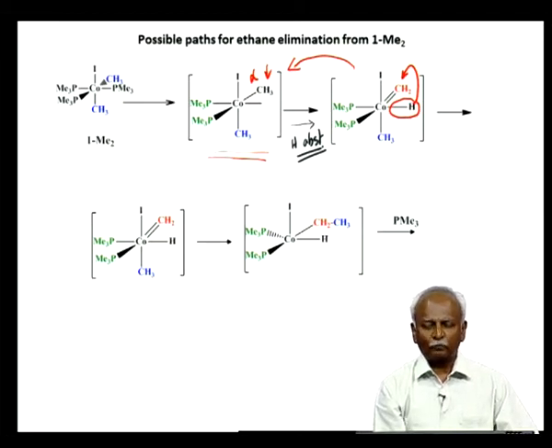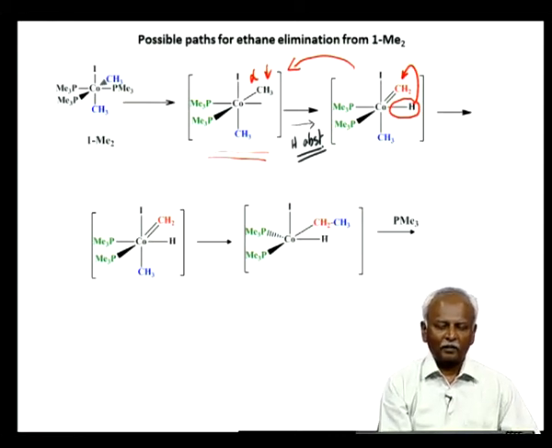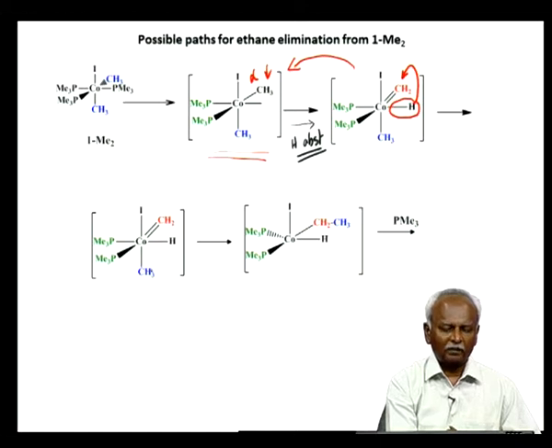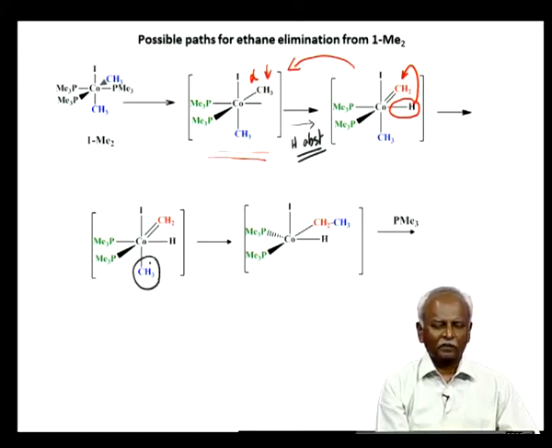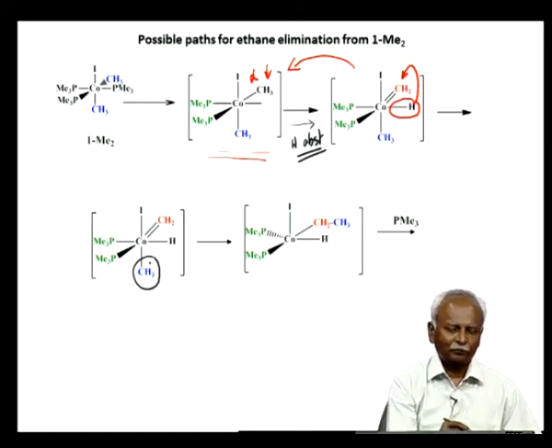So, now having formed this methylene group, you could now have a second step in which the methyl group, which is again cis to the methylene group, can now carry out a nucleophilic attack on the methylene group. So, that is now a migratory insertion of the methyl.